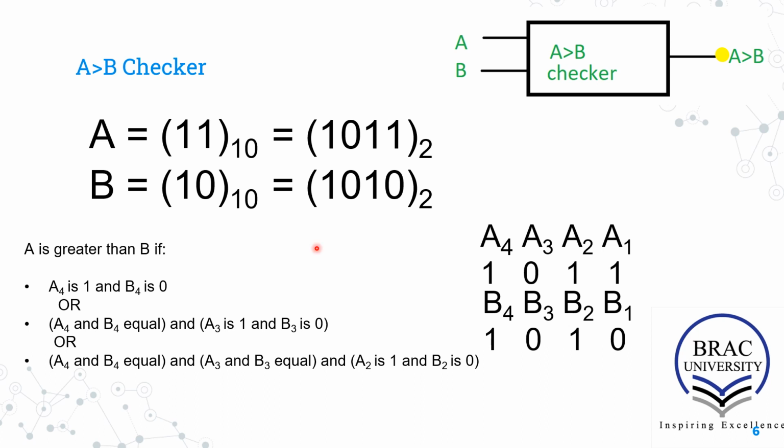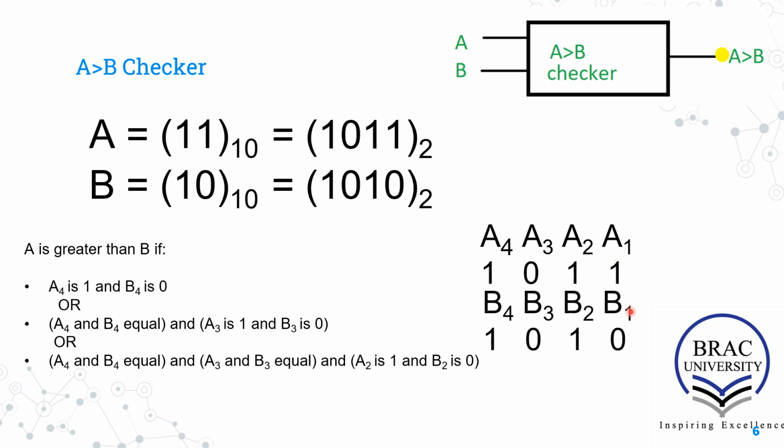Now let's look at the last case where A can be greater than B. So the value of A is 11 and the value of B is 10, and this is their binary representation. Over here, A4 and B4 are equal. So we still don't know whether A is greater than B. We see that A3 and B3 are also equal, and likewise A2 and B2 are also equal. Only then we will take a look at A1 and B1.